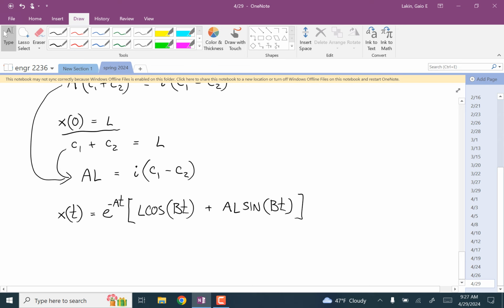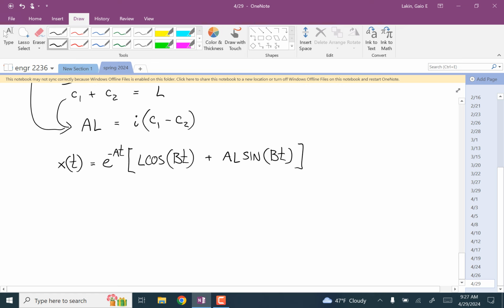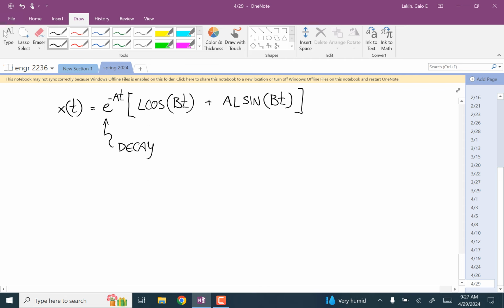Okay? And so what you get is a sinusoidal function that decays according to this negative exponential. You see the shape of that negative exponential, you can think of this as the decay. Because by itself, this has a graph that looks something like this.